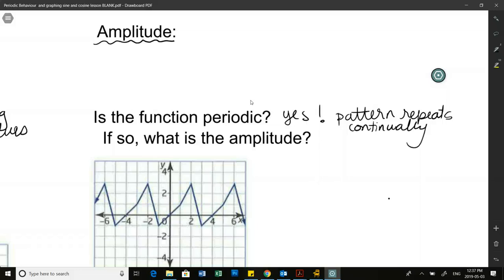When we're talking about waves specifically, we say it's the middle to the top of the crest and the middle to the bottom of the trough. But essentially, amplitude is the distance from the middle to the max and also the middle to the min. So it's half the height of your graph.